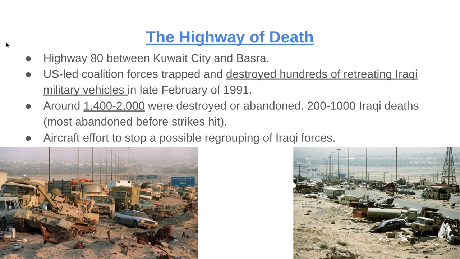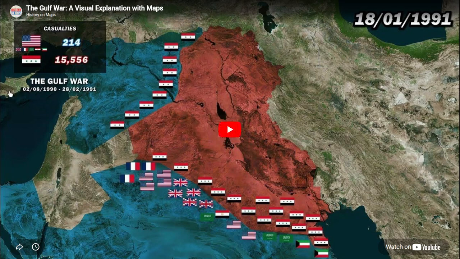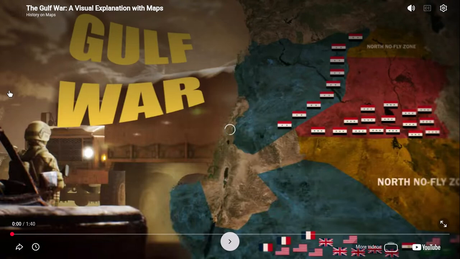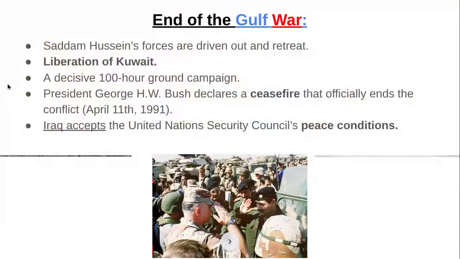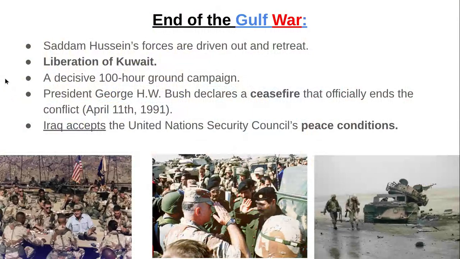Just vehicle after vehicle abandoned after they were being attacked by air forces. The goal of doing this was to stop a possible regrouping of Iraqi forces. That's just a video quickly detailing it on a map, the geography of it.